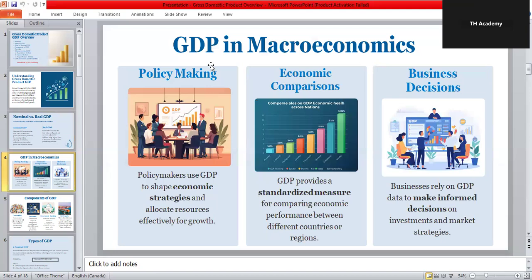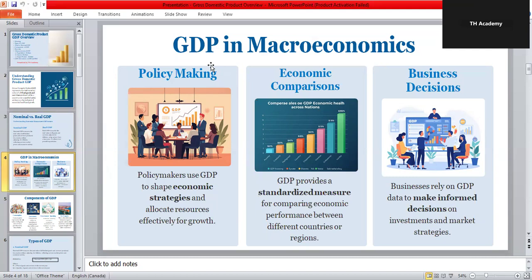Now, GDP in macroeconomics. GDP is not just a number, it's one of the most powerful tools in macroeconomics. Governments use GDP to make decisions about spending, taxes, and policies. For example, if GDP growth is slowing, they may increase spending to boost the economy.